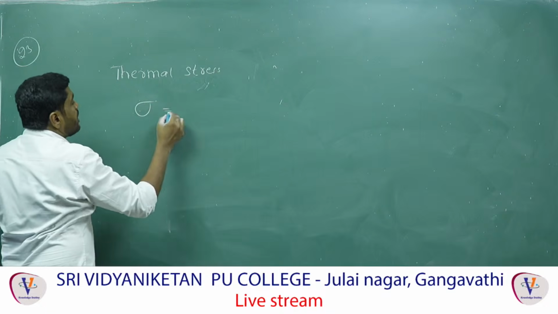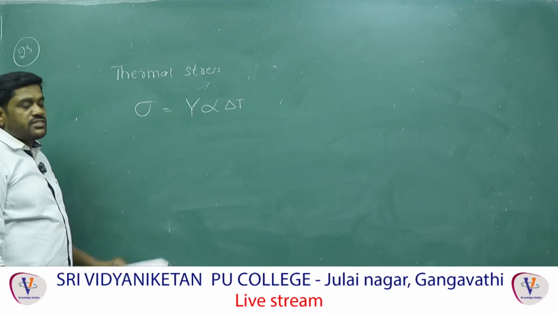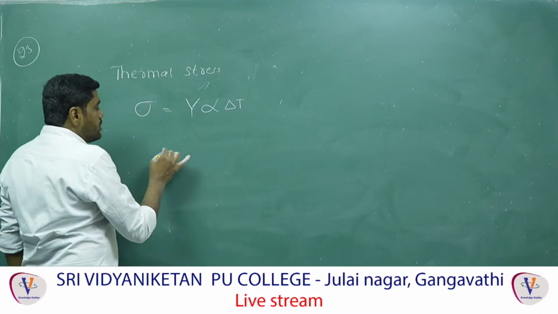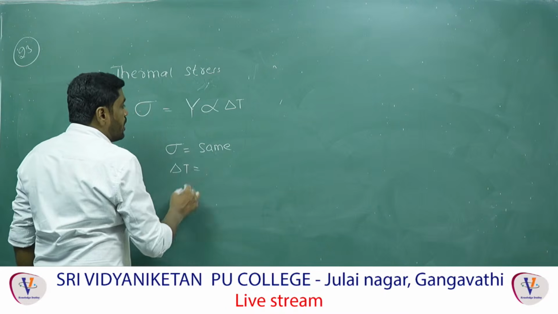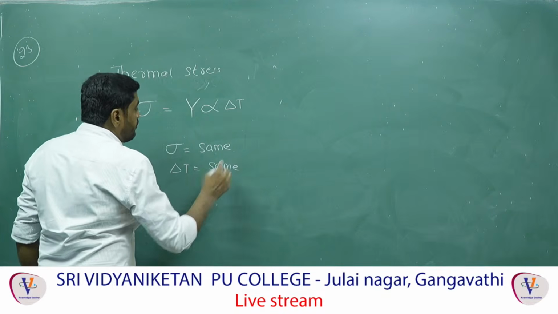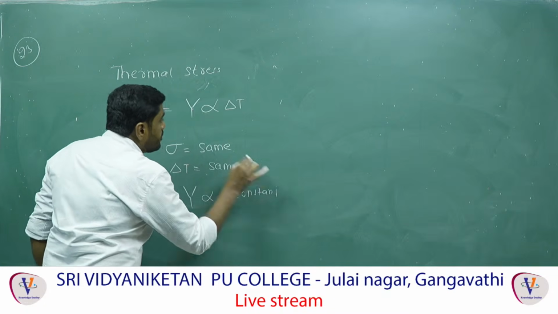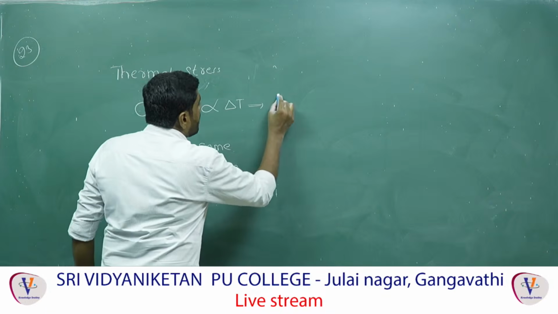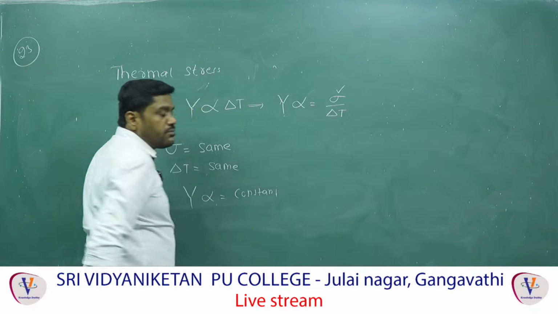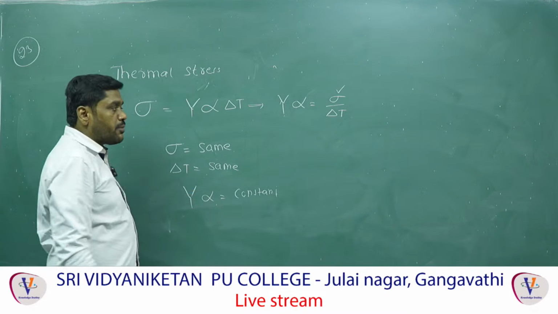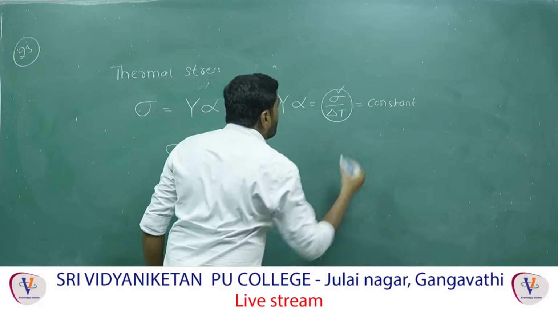Thermal stress formula: sigma is equal to Y into alpha into delta T. That is the thermal stress expression. Here they said sigma is the same, and delta T is also the same. So Y into alpha is equal to a constant, because bringing delta T to this side, Y into alpha is equal to sigma by delta T. Thermal stress is the same, change in temperature is the same, so Y into alpha is constant.